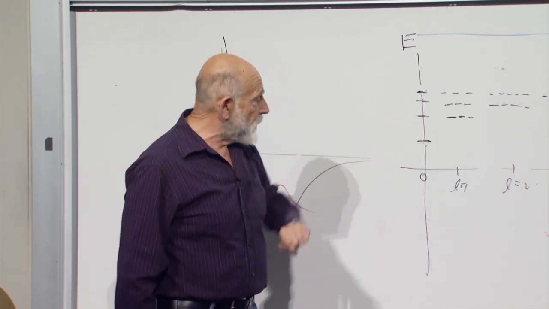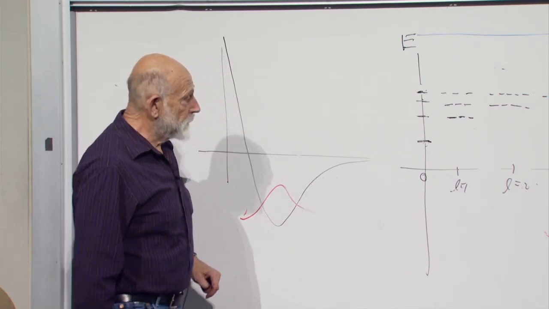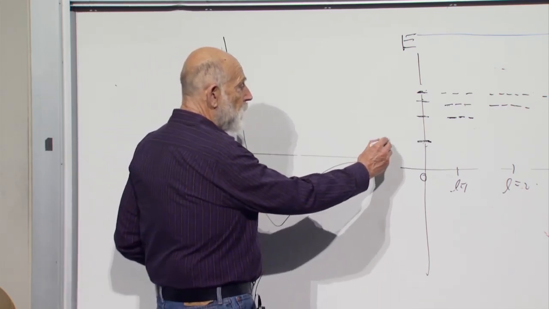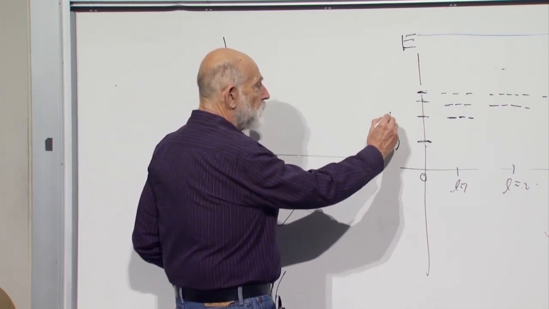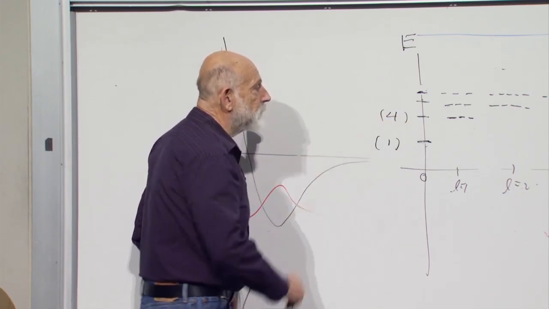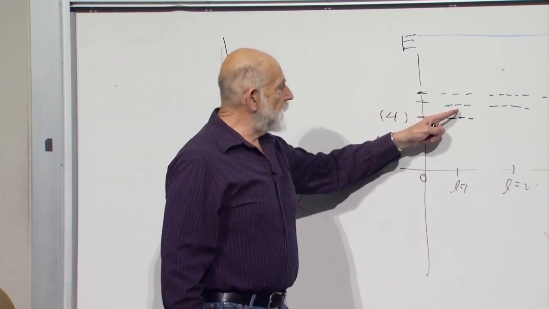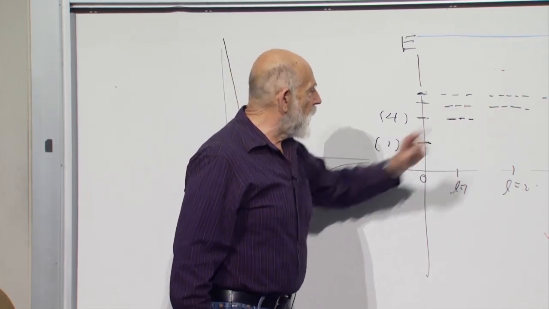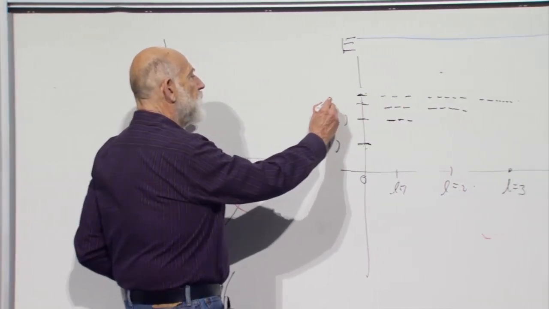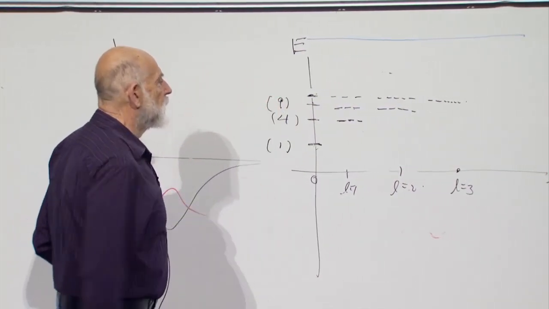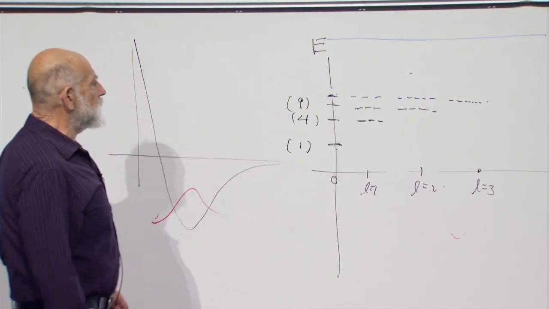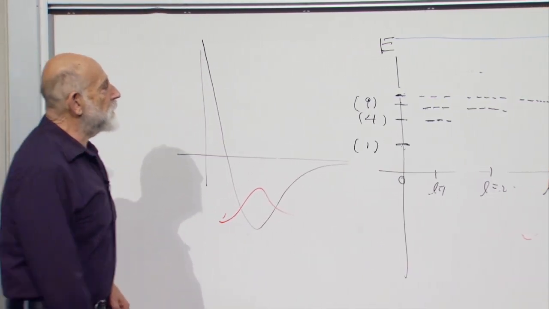And how many states do you get? This is 1. This is 4. How about the next one up? 1, 2, 3, 4, 5, 6, 7, 8, 9. 9 states at the next level. Anybody want to guess what the next one is? 16 is right.